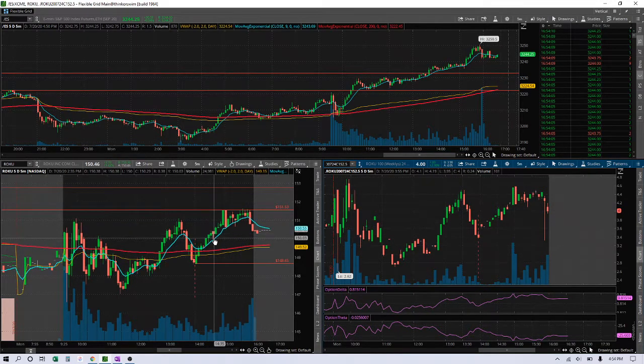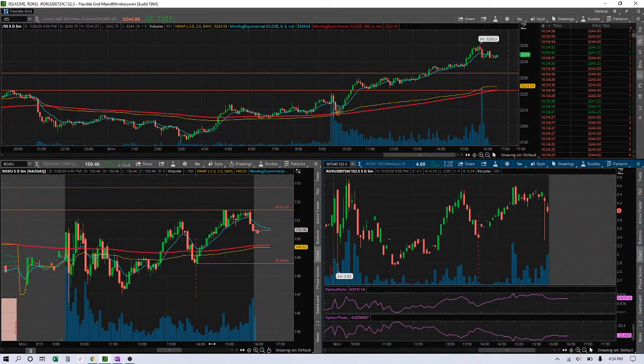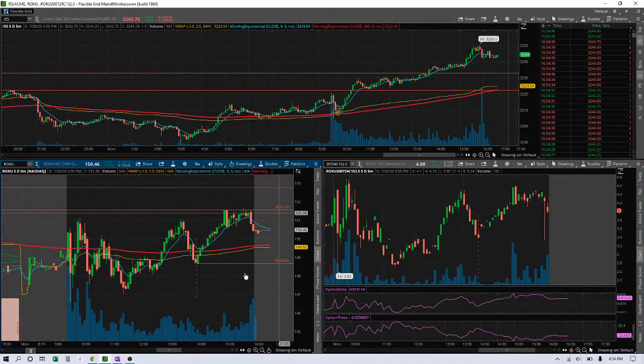But with this candle right here, which we opened here and closed, what are we looking at? We opened at 0.38 and we closed, yeah, so we went down 10 cents here, but the option contract went down $20.